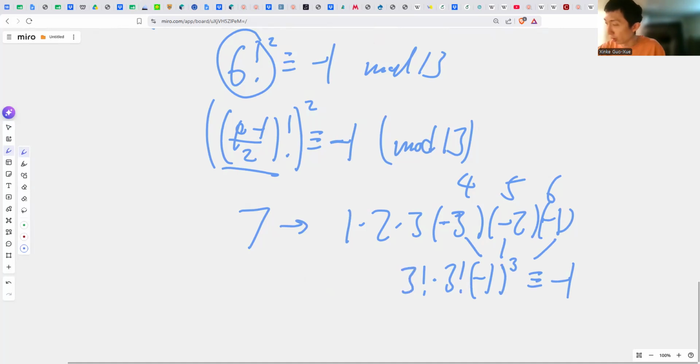Now this just says 3 factorial squared is +1, so 3 factorial is a square root of 1.